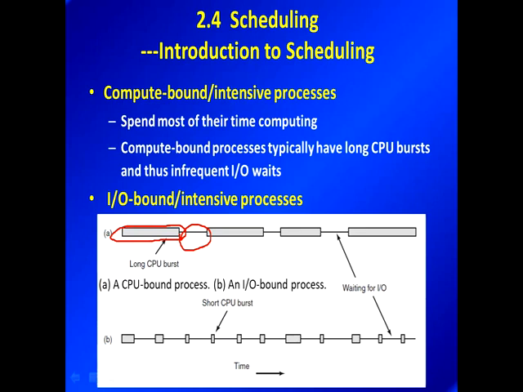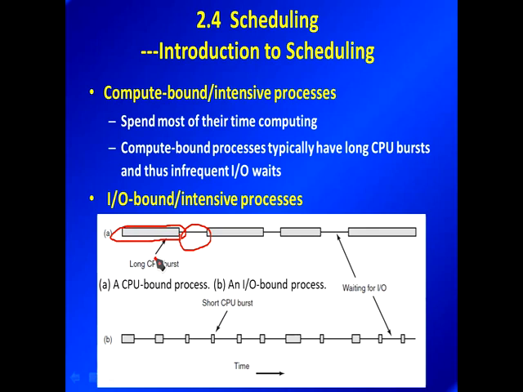So if you are running a compiler, the corresponding process is obviously a compute-bound process, because it just needs to load the source code and the program for the compiler into memory, and it just needs to run a lot of instructions to compile them into the machine code, right? So this kind of process is called a compute-bound or compute-intensive process, because it spends most of the time on computing.